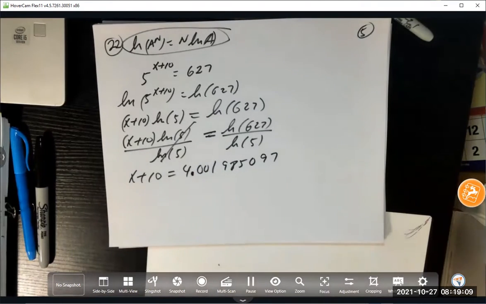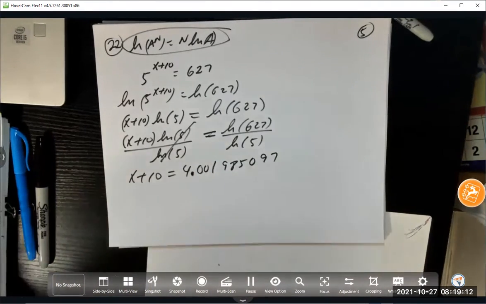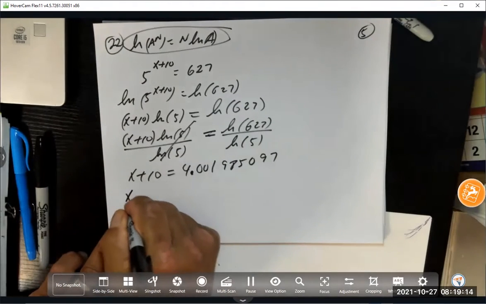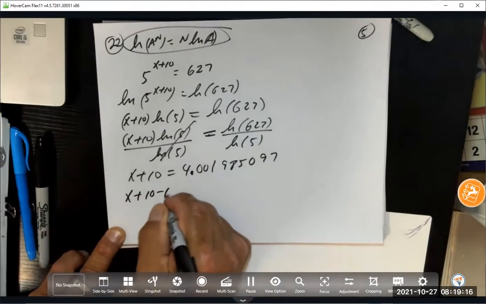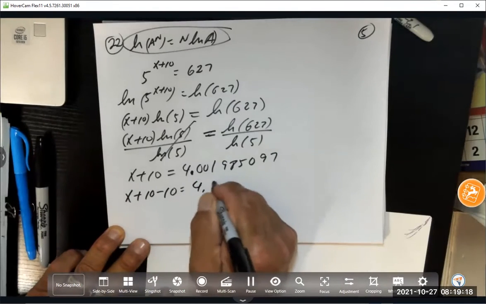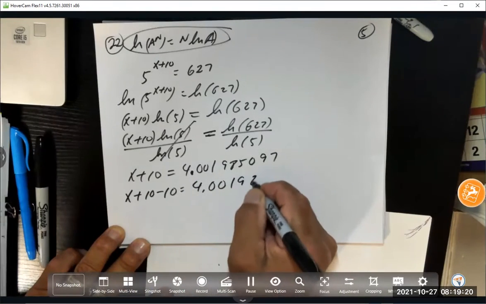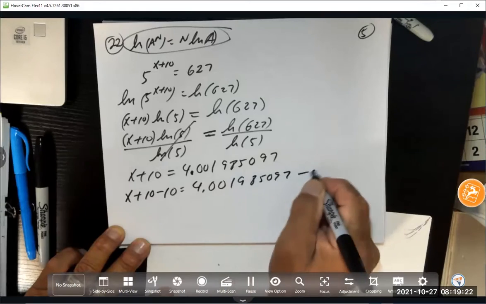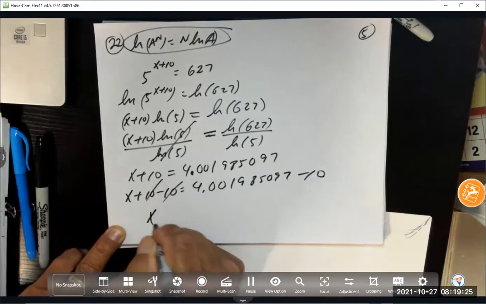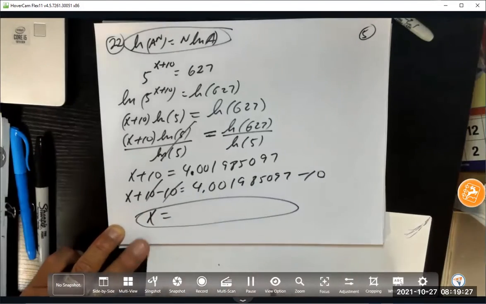Okay. And since that's what x plus 10 is, you need to subtract 10 from both sides. So minus the 10 there, and the same number over here. So when I do that, I have x is, and I don't know what that is. What is that number?